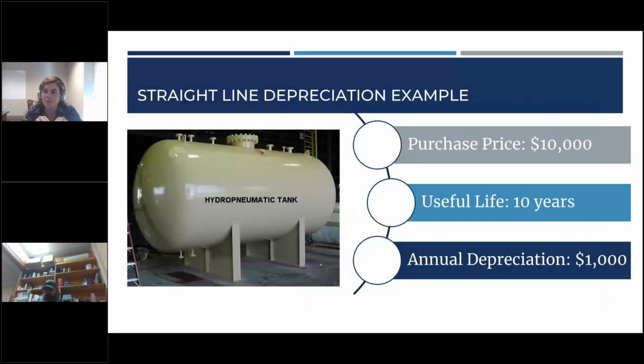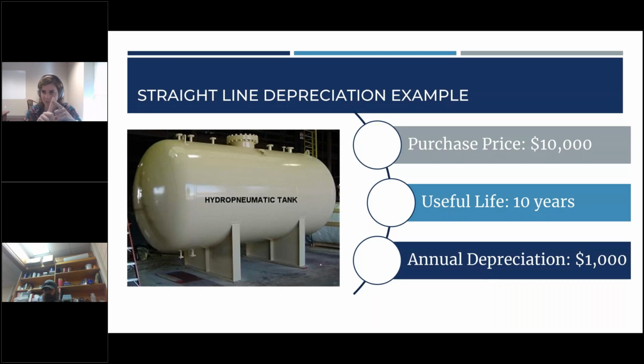The most common approach to depreciation that we see at the UNC-EFC whenever we look at financial statements is called straight line depreciation. It's basically the idea that an asset has a purchase price and a useful life, and based on that, we can calculate an annual depreciation expense.